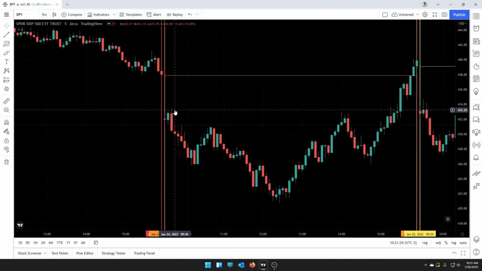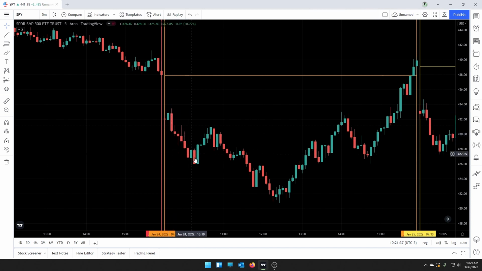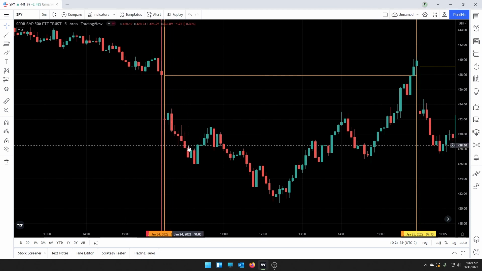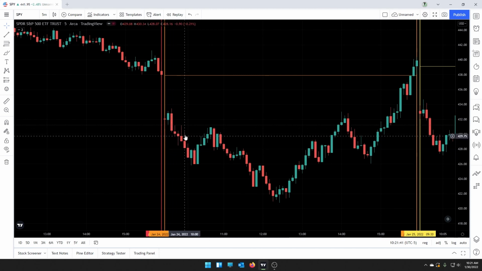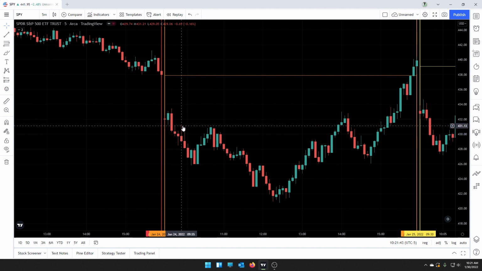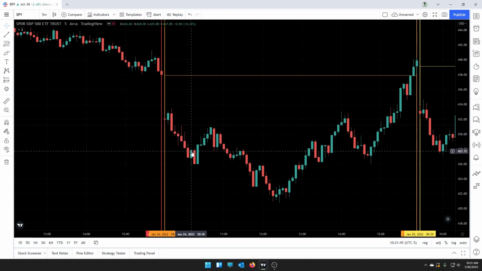what happened up here was there was enough selling pressure to stop SPY from moving up. Okay? When that happens, it starts to drop. And as you see, all of these candles with these massive wicks on top, that's SPY trying to move up and then keeps getting pushed down.